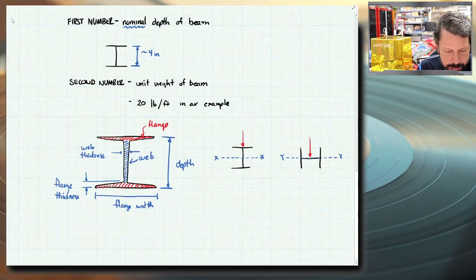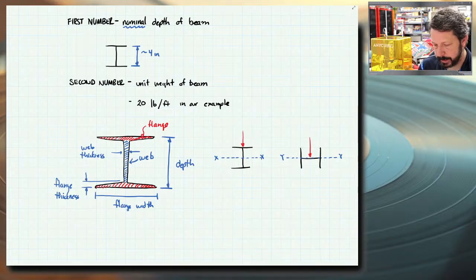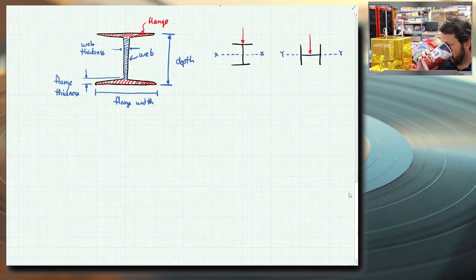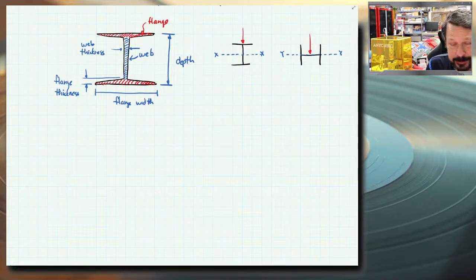So what we can do is we can calculate flexural stress in the beam. So flexural stress, or bending stress, so it's kind of the same thing.